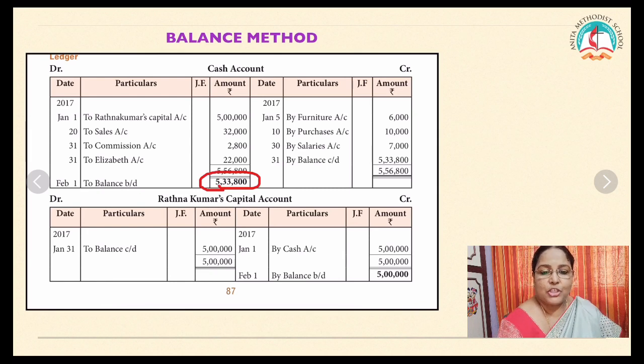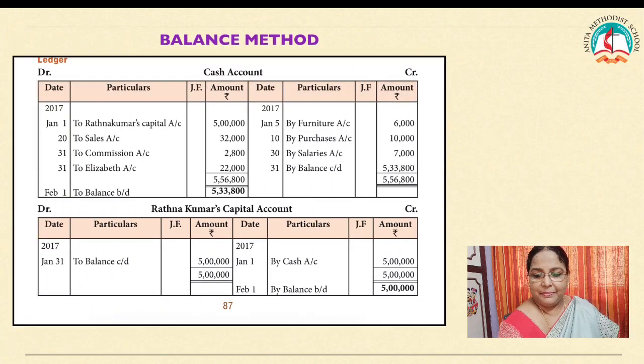Here the cash account is showing 5,33,800 on the debit side. So what do you write in your trial balance? You write this amount in the debit column. If you look at Ratna Kumar's capital account, 5 lakhs is shown on the credit side. So where will you write it? In the credit column. That's all. Clear, children?